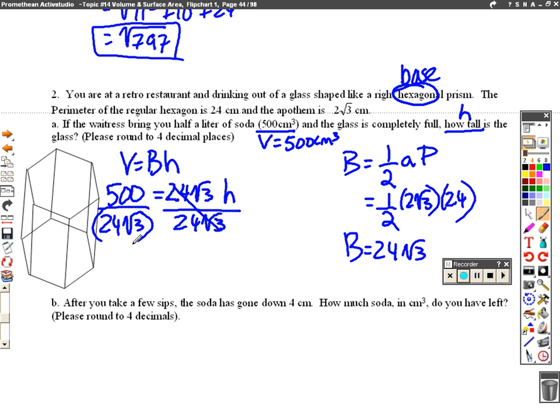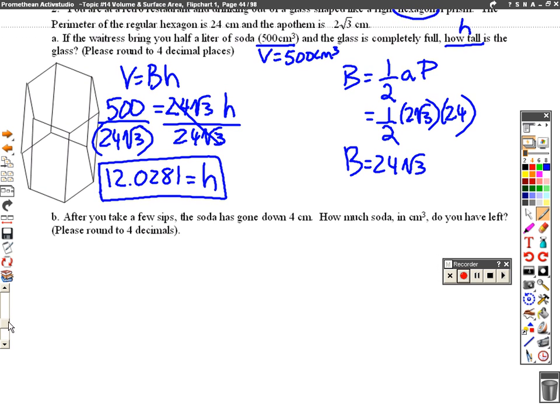So if you take 500 divided by, in parentheses, 24 root 3, and hit enter, you should get h is 12.028. They said 4 decimal places, so let me give one more. 12.0281.